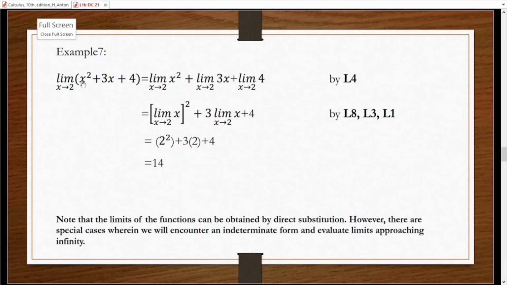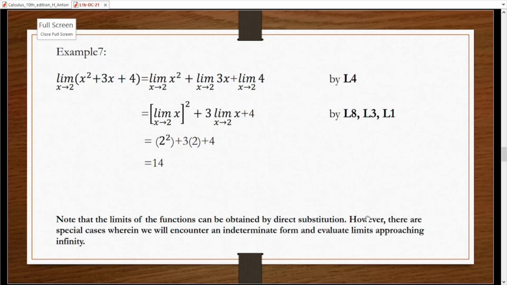So, the limit of x squared plus 3x plus 4 as x approaches 2 is equal to 14. So, note that the limits of the functions can be obtained by direct substitution. Kung mapapansin nyo, para lang tayo nagda-direct sub. Kung ano yung value dito ng x, isa-substitute nyo lang dito.